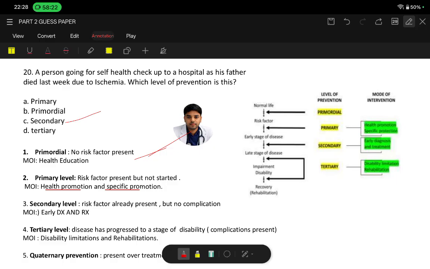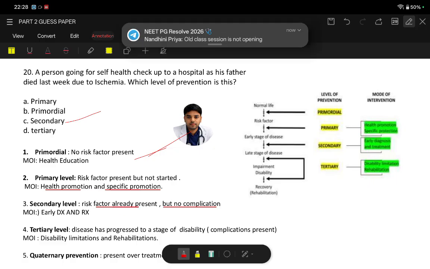Why mosquito nets? It is your specific protection. So it is your primary level. Health promotion, like wearing a mask in COVID times. These are the primary levels. Secondary level: risk factor present, no complications, meaning disease is there but there are no complications.